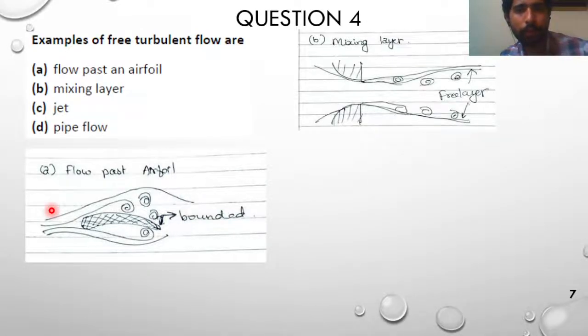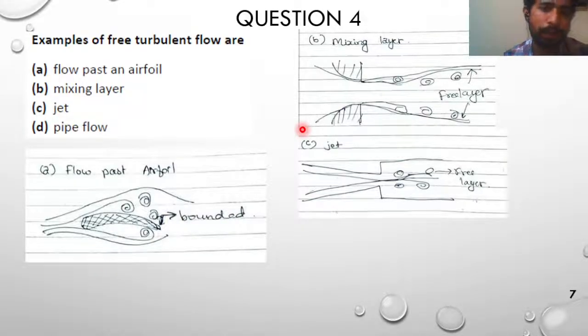If you go to the second example, that is a mixing layer. Here what happens is that it is a confined flow region which expands freely. These eddies can expand freely in the space, and a free layer is formed. So this comes under free turbulent flow. Then option C, jet flow, is a similar kind of flow to the mixing layer.